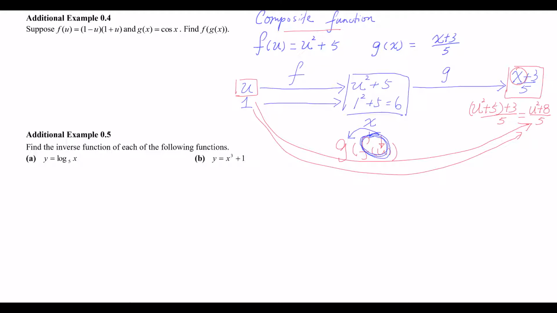Now suppose f(u) equals (1 minus u) times (1 plus u); this gives you the definition for this function. And there's another function, g(x) equals cosine x. Find f(g(x)), the composite function of f and g.